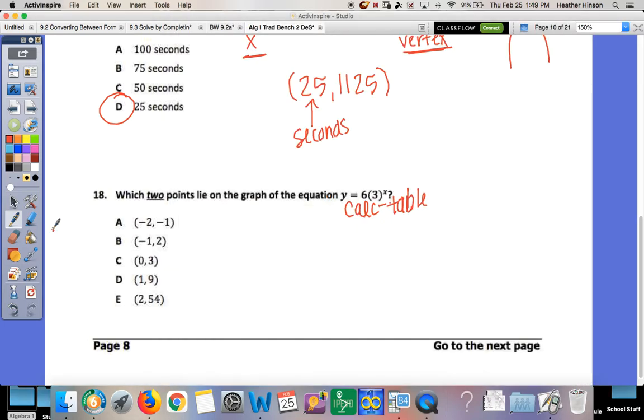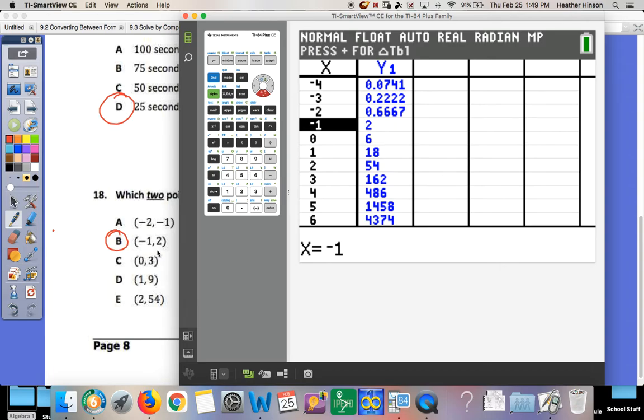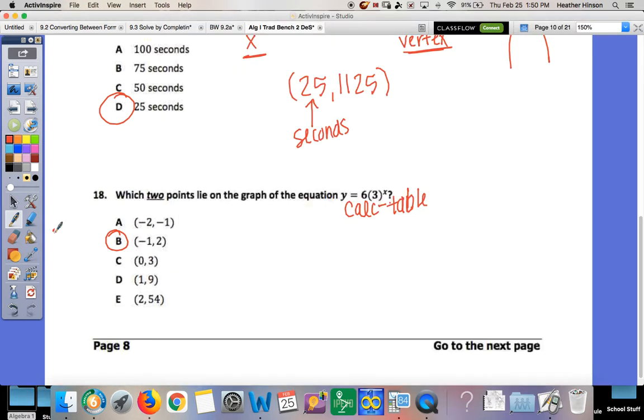So B is correct. Then we have 0, 3. If we scroll down to 0, that says 6. So that one's wrong. D says 1, 9. My table says 18. So that's wrong. E says 2, 54. My table says 54. So that one's correct.